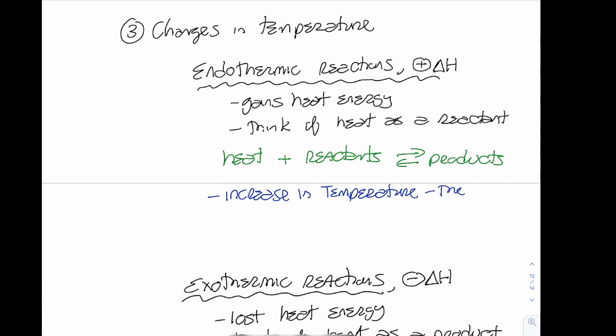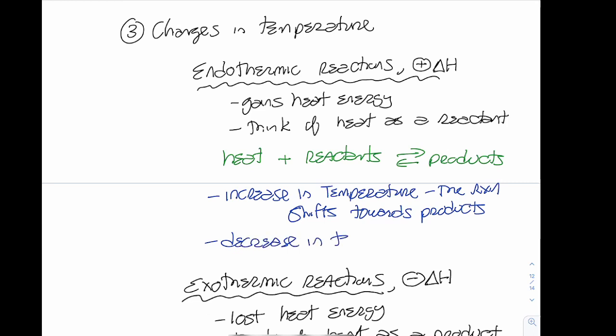The reaction shifts towards products. And then the opposite, if I have a decrease in temperature, now I don't have enough on my reactant side. It needs to shift towards reactants.